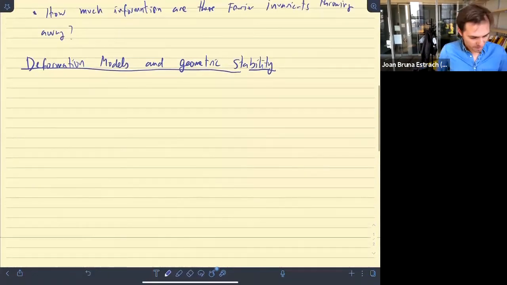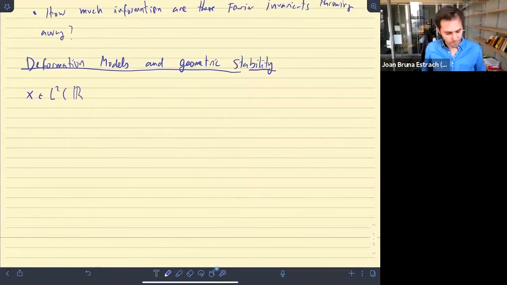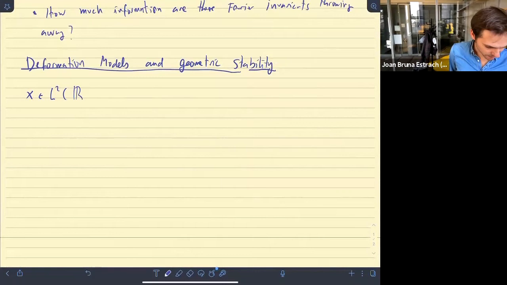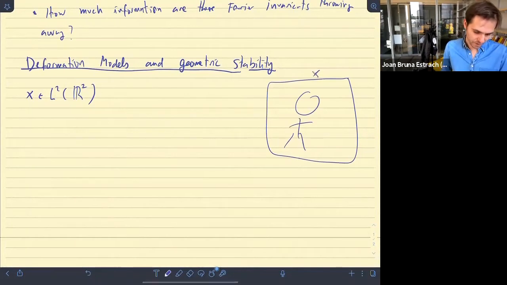To fix ideas, let's say that our input, as usual, is a signal defined on a small domain. Let's just forget about the boundary and put R here. So you have some image, that would be your X, but for simplicity I just think of it as defined over a continuous grid. That's the input.